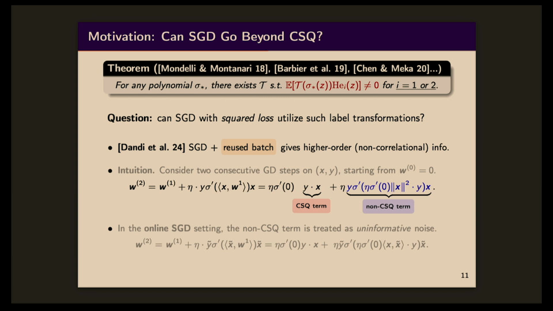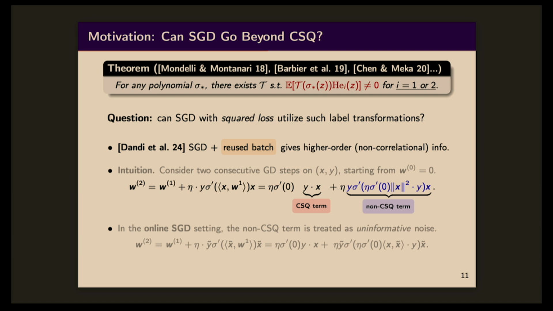The other observation is that this second, non-CSQ term scales with eta squared, whereas the first correlation term scales with eta. So in most of the prior analysis, we choose eta to be sufficiently small so that we treat the second term as noise, and we use the correlation term to learn the target function. But if we do this, then it's the CSQ complexity that will matter.